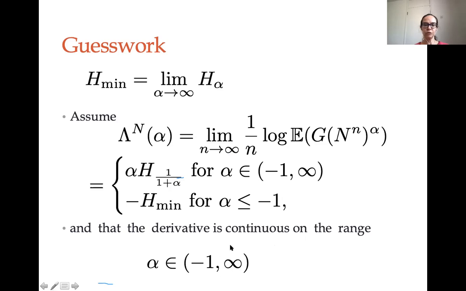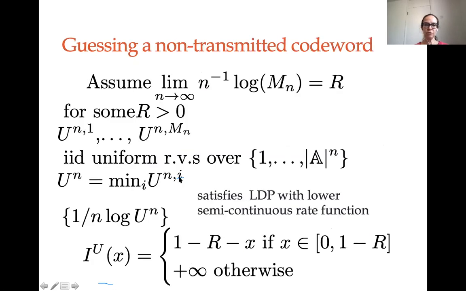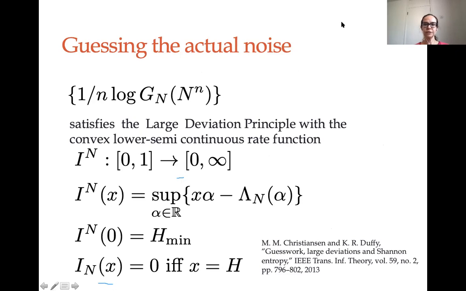We're really not going to look below 0 for alpha, but it doesn't really matter. Then we have that this satisfies a large deviation principle, okay? Which means that we're going to have a rate function. And when we look at this rate function, okay, we're going to look at this rate function.